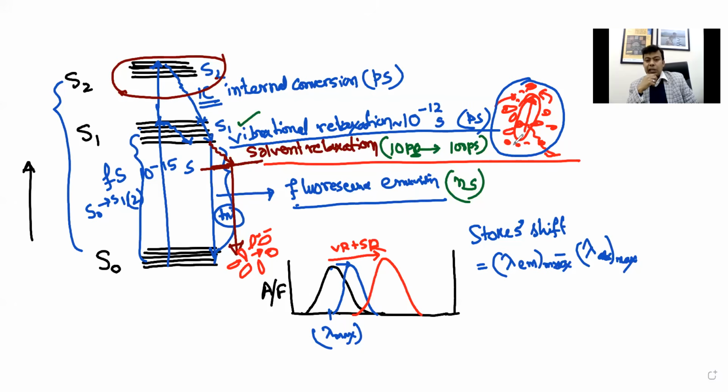But solvent molecules alone can interact with the fluorophore and de-excite it by just energy dissipation through a non-radiative process. So that's where part of the excited state is decaying in the non-radiative channel. So you have radiative and non-radiative.